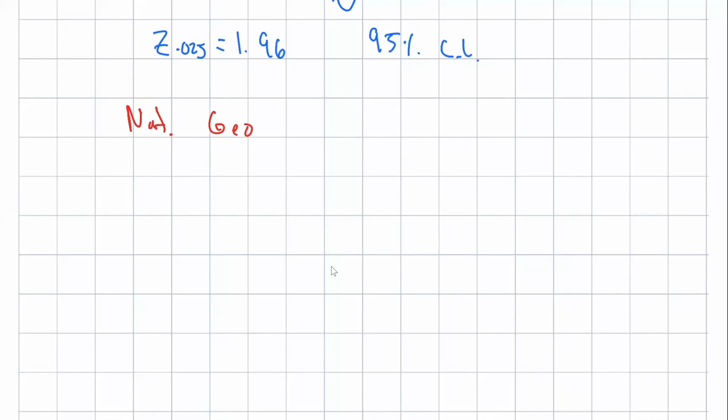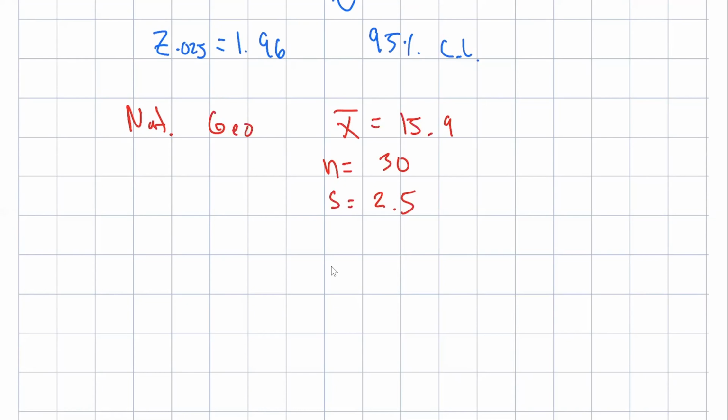Let's say for 2019, we found there was an average of 15.9 shark attacks. And we took a sample of, I don't know, 30. And we get a sample standard deviation of, let's say, 2.5.